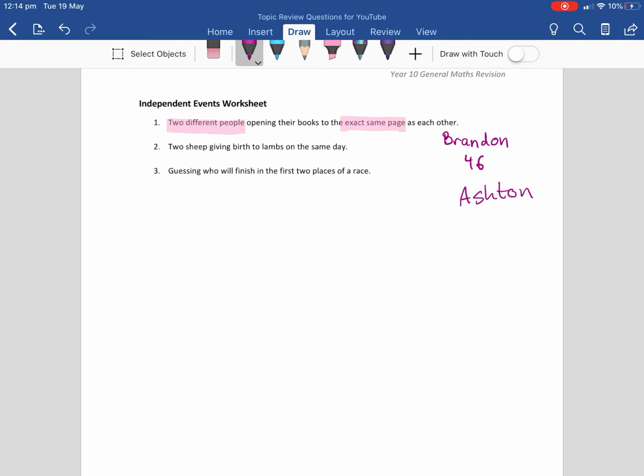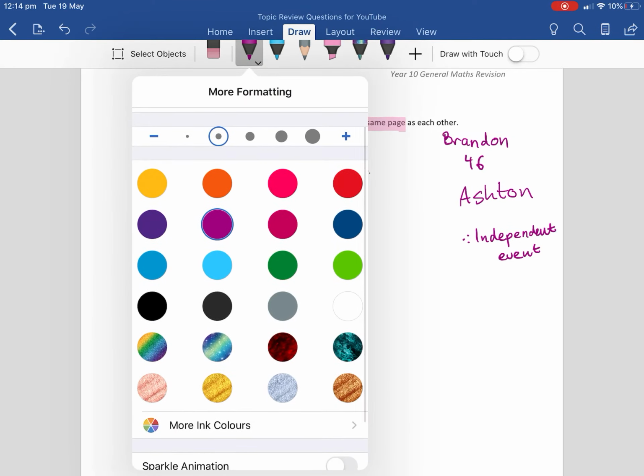So that means they are independent events. They don't depend on each other. Okay, let's go with number 2.